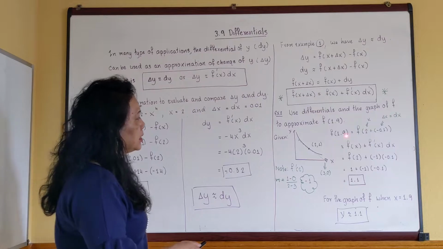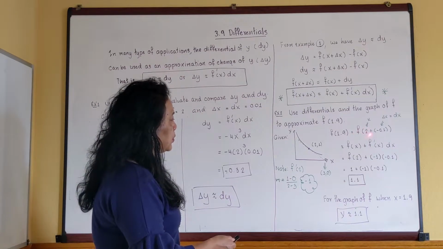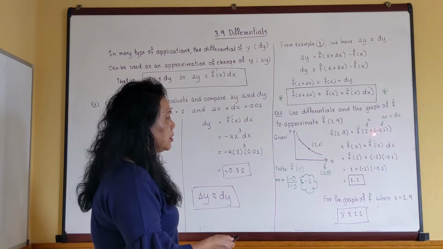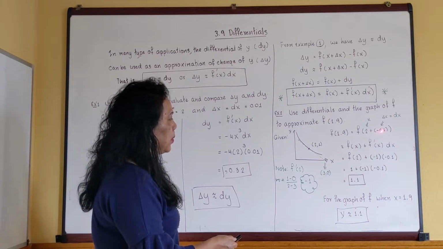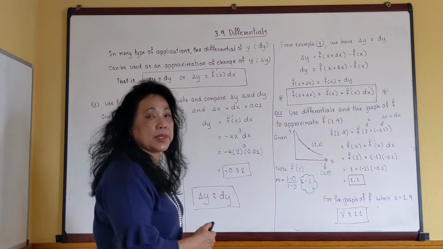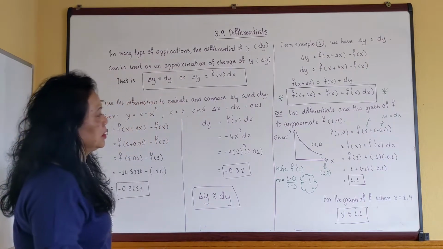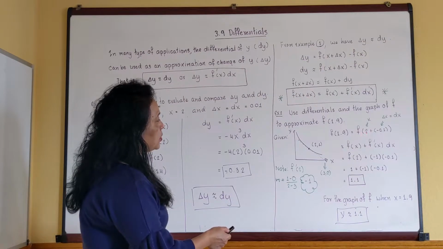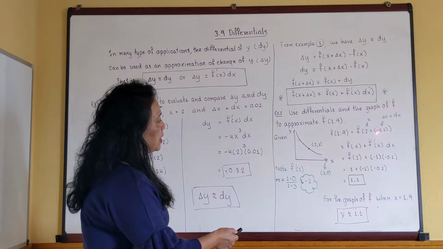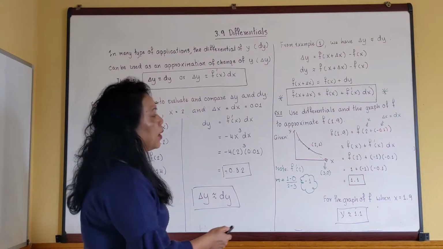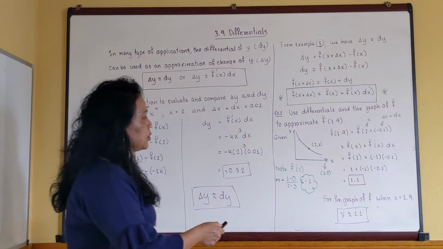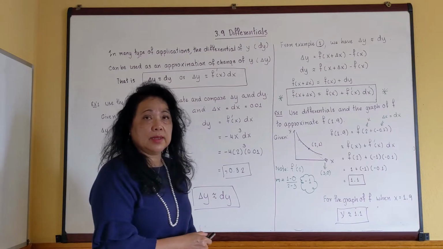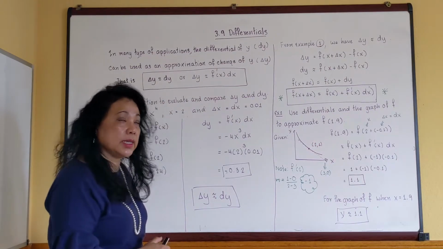I'm going to rewrite it as f of 2 plus negative 0.1, because 2 minus 0.1 is the same thing as 1.9. The reason I'm doing that is I want to put it in this formula. So my x will be 2, my delta x will be negative 0.1. And why do I choose 2? Because I know that when x is 2, y is 1. That's the given condition here.